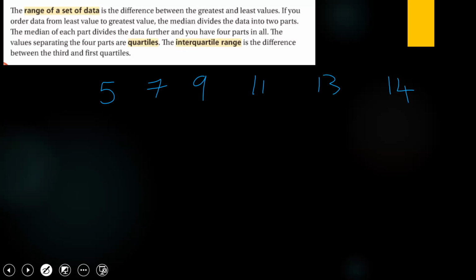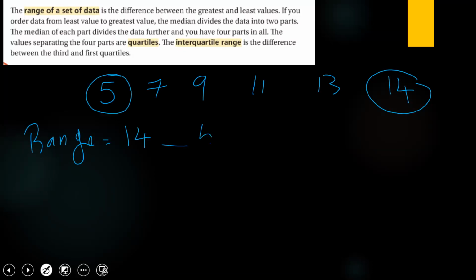But for the others, you have to order the data. So how do we find the range? You take the greatest one, which is 14, minus the smallest one, which is 5. So the range is 9. This is how we find the range.